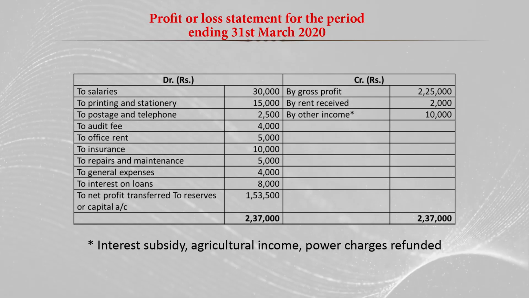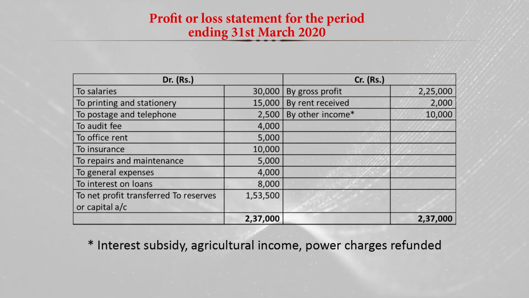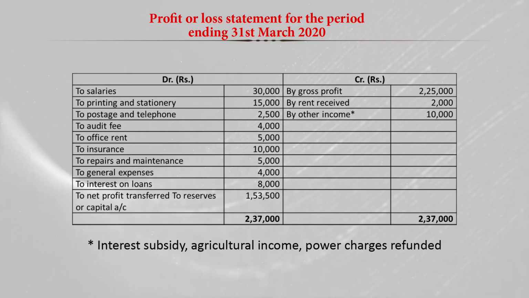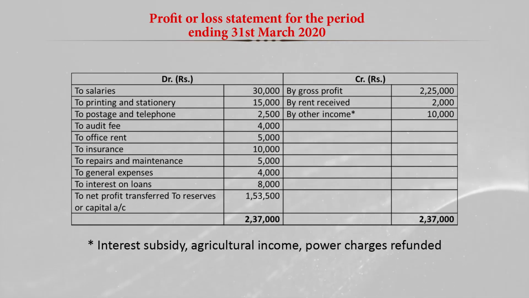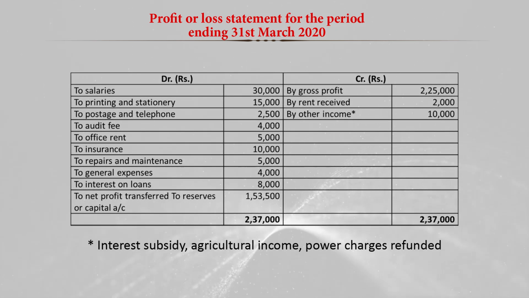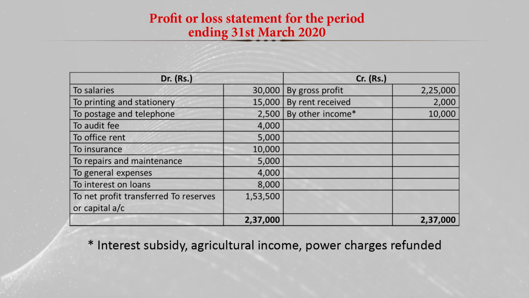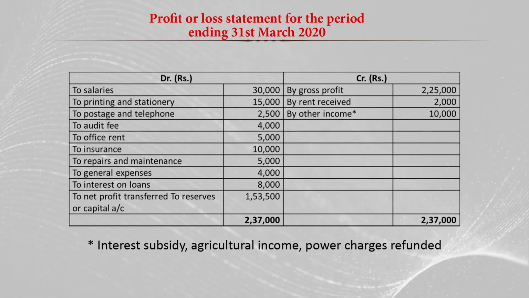And then on the other side we have presented the gross profit, that is 2,25,000, the rent received, that is basically other income, so 2,000. Then there are other incomes like 10,000, other income in terms of interest subsidies on some agriculture loan, and some power charge refunded by the government. So total revenue here is 2,30,000.